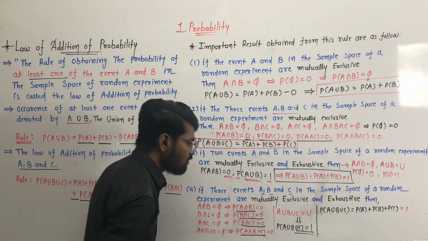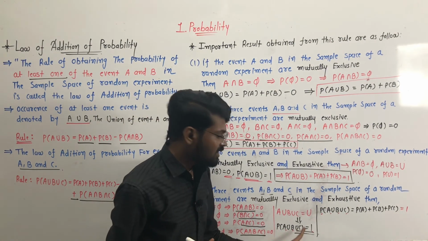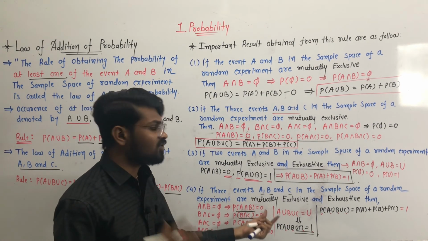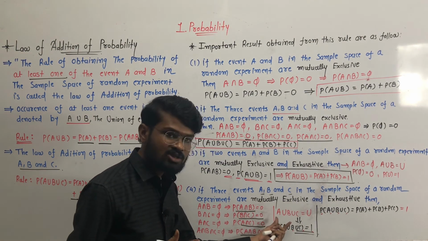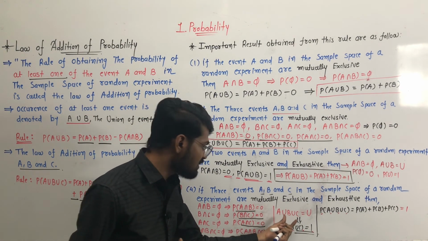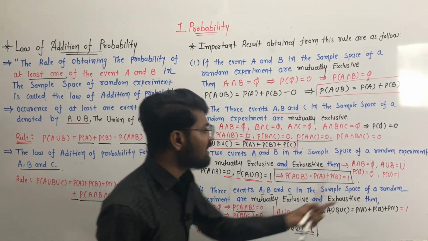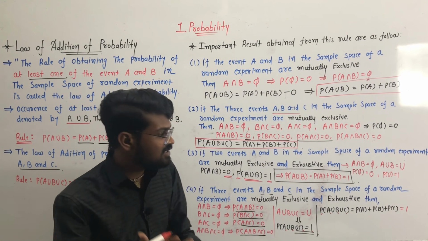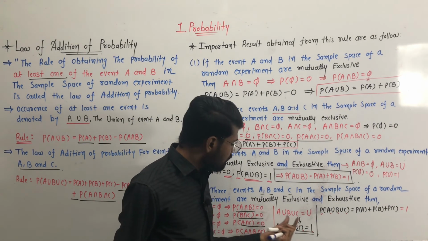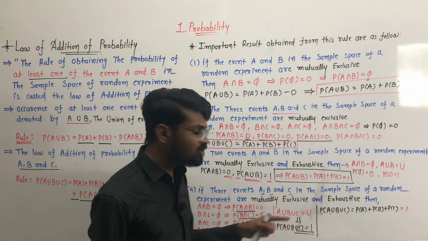Why is it equal to 1? Because for exhaustive events, the union of A, B and C is equal to our sample space, and the probability of the sample space is equal to 1, so the probability of the union of A, B and C is also 1.